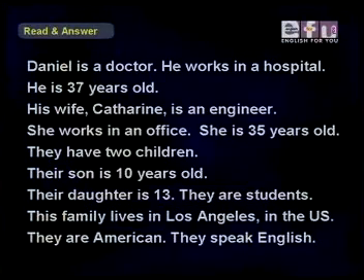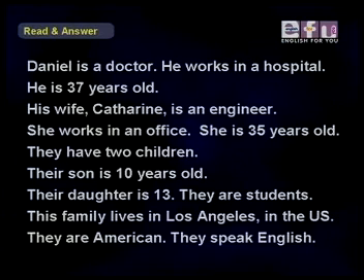Now, read this story and answer the questions about it. Read and answer. Daniel is a doctor. He works in a hospital. He is 37 years old. His wife, Catherine, is an engineer.